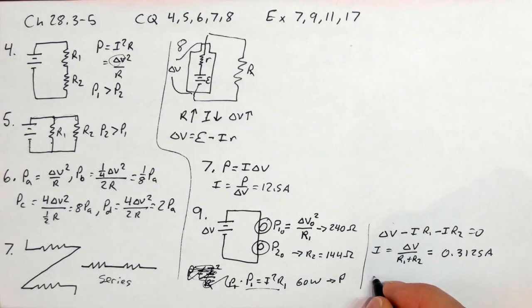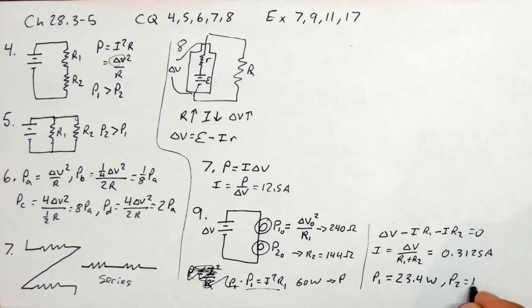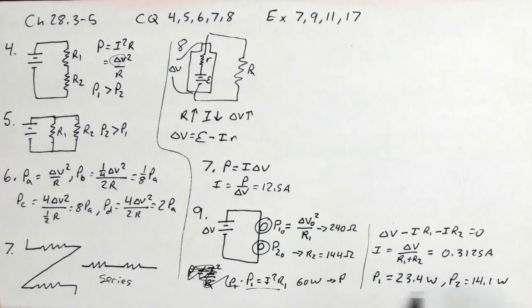I'll get that P1 that's actually dissipated is going to be 23.4 watts, and P2 is 14.1 watts. And so the calculations agree that the 60-watt bulb is actually dissipating more wattage than the 100-watt bulb in this arrangement, because the currents flowing through them are the same.